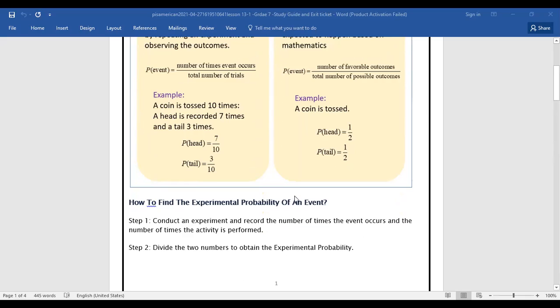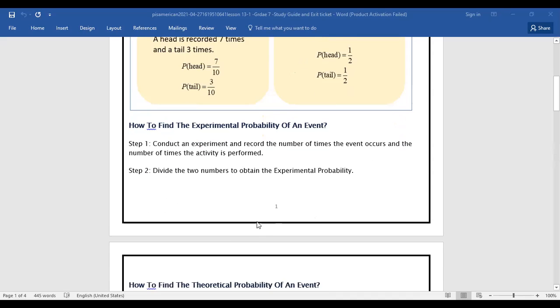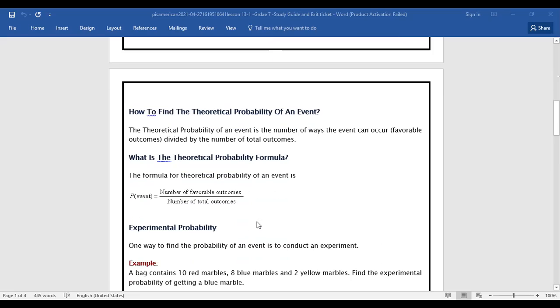How to find the experimental probability of an event? Number 1, conduct an experiment and record the number of times the event occurs and the number of times the activity is performed, then divide the two numbers to obtain the experimental probability. But how will you find the theoretical probability?